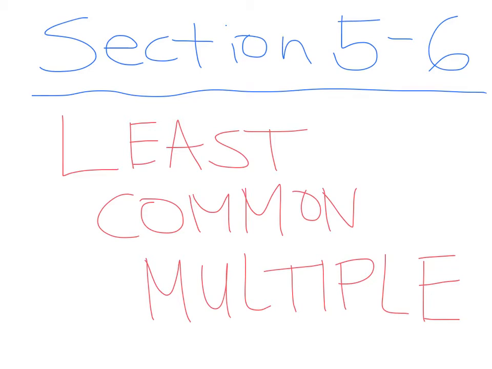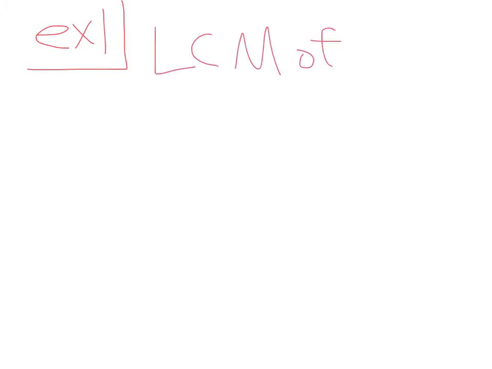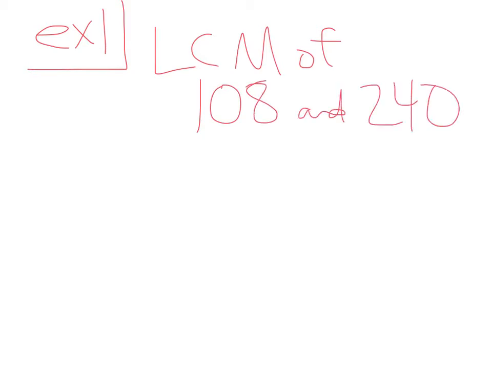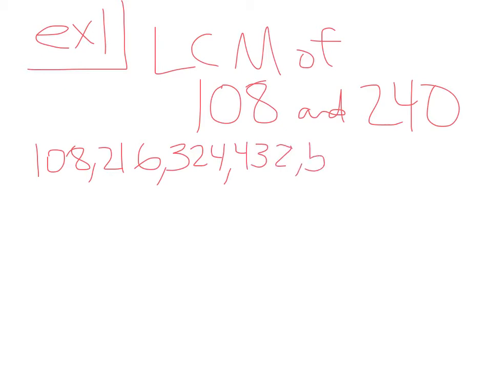So let's start with example 1. Example 1 wants you to find the LCM of 108 and 240. So, one way to do this, just so you have the concept, is to write out all the multiples. We could take 108 and just keep expanding it until we eventually came to the number we like.